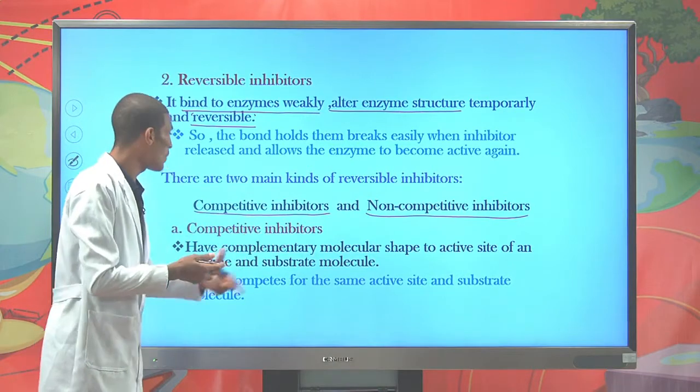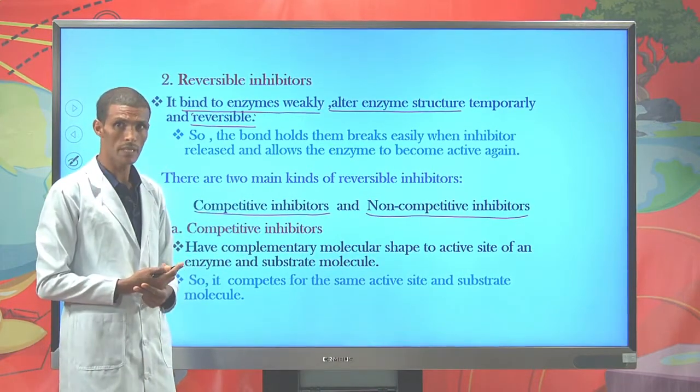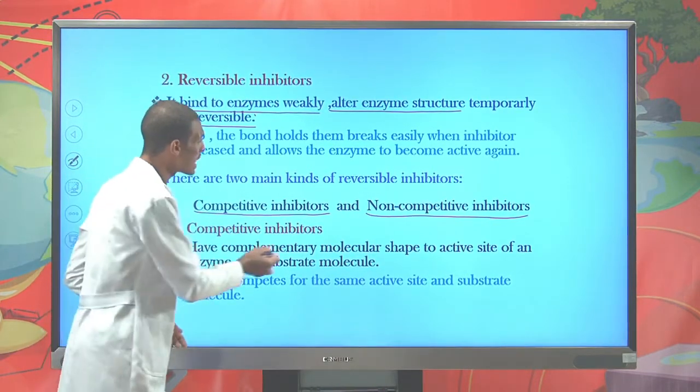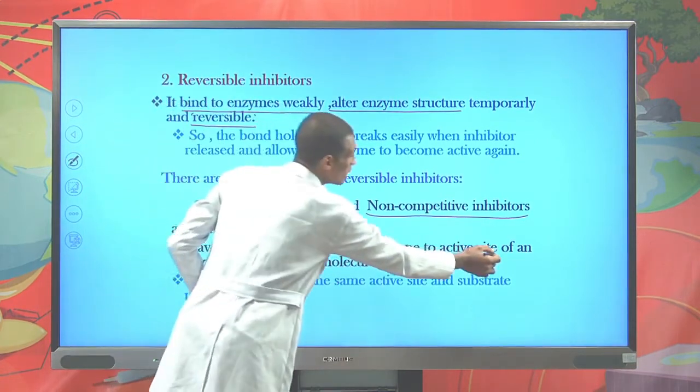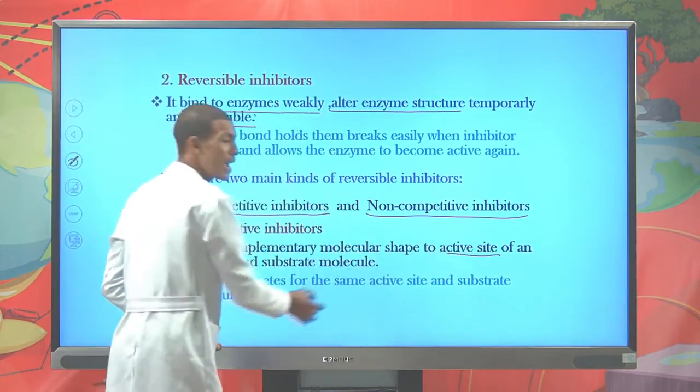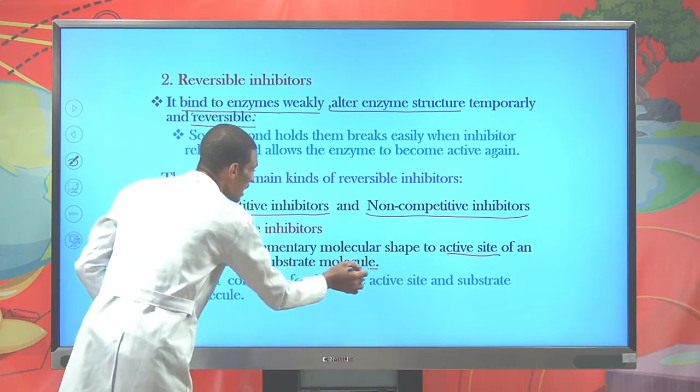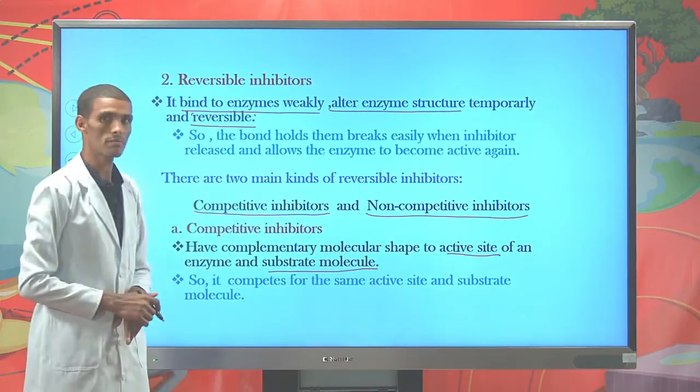A competitive reversible inhibitor is an inhibitor that has a shape complementary to the enzyme active site, the same shape as the substrate that can be catalyzed.